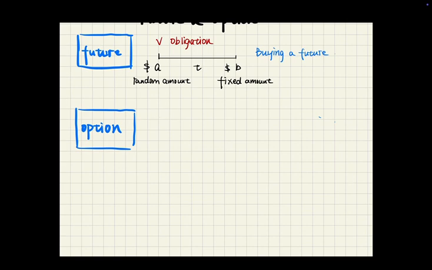An option is different from the future in that it doesn't have any obligations, but it gives the buyer the right to determine whether he or she wants to sell or buy at a fixed amount. So let's set the case to be the same.